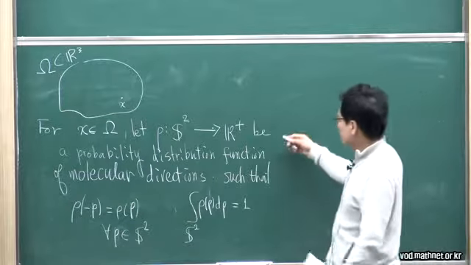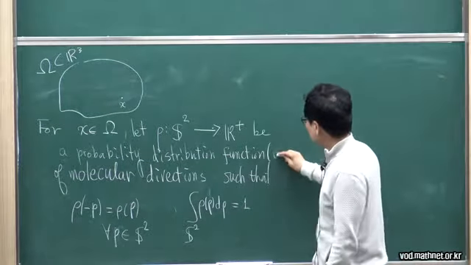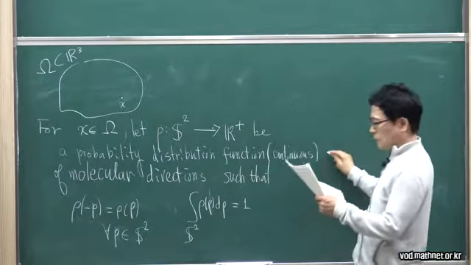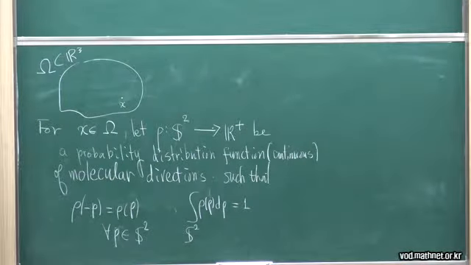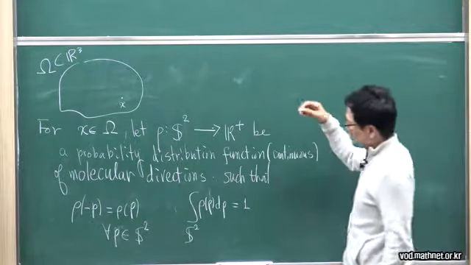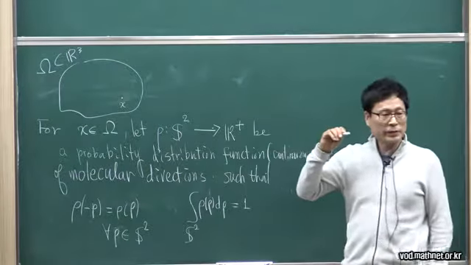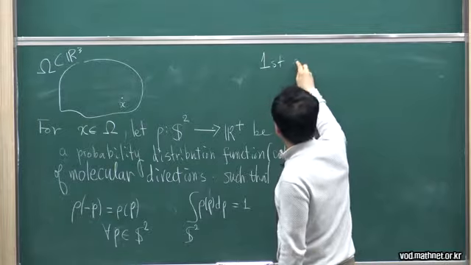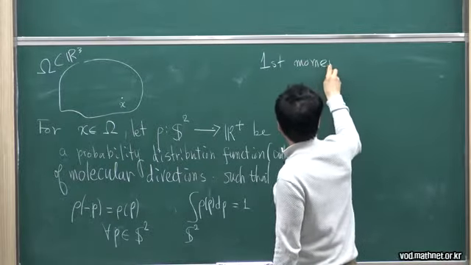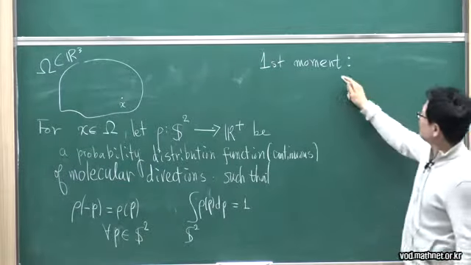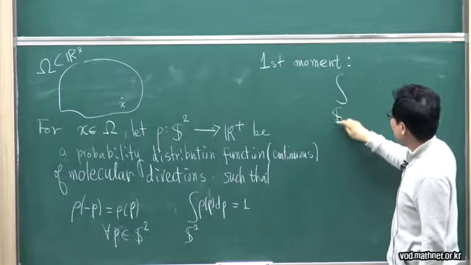And you can also assume it is continuous. And when you have the directions, look at the first moment of this distribution function. The first moment is nothing but just the integral.